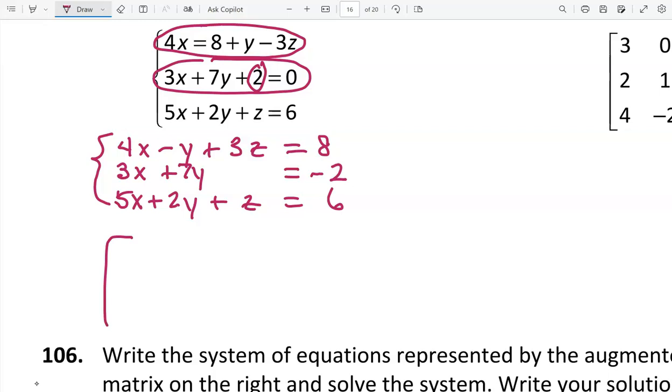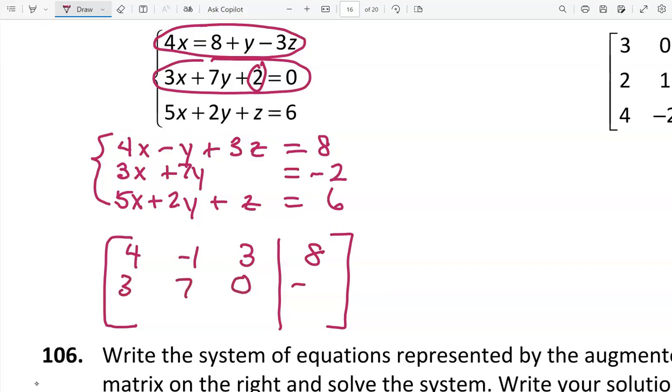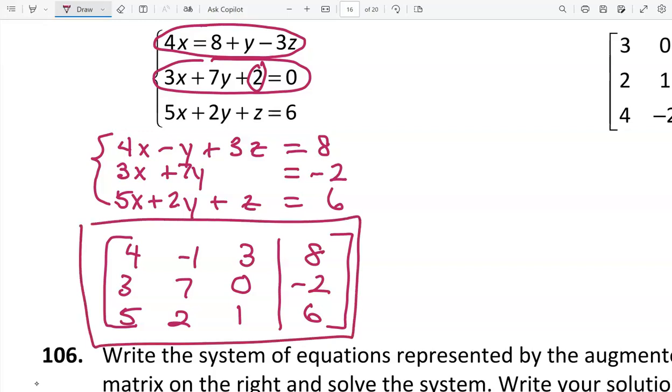And now we're going to write the augmented matrix version of this. Remember, square brackets, vertical line to represent the equal sign, 4, negative 1, 3, 8 across the top row, 3, 7, 0, negative 2, don't forget to enter the 0, that's important, 5, 2, 1, 6, and there's our augmented matrix. Do not solve.